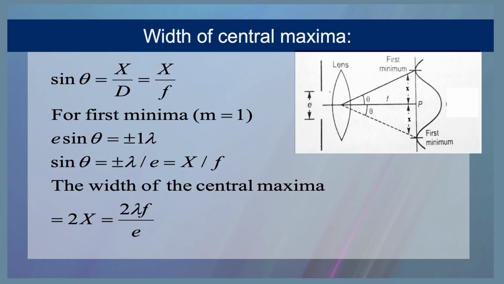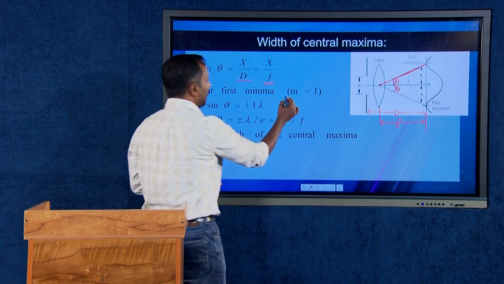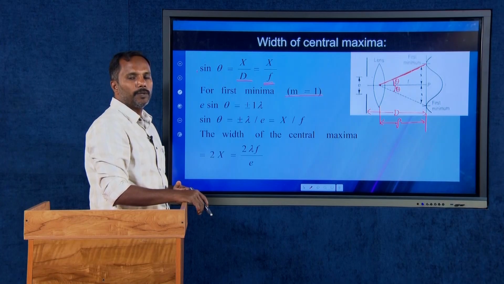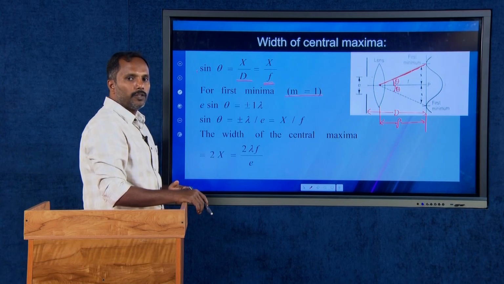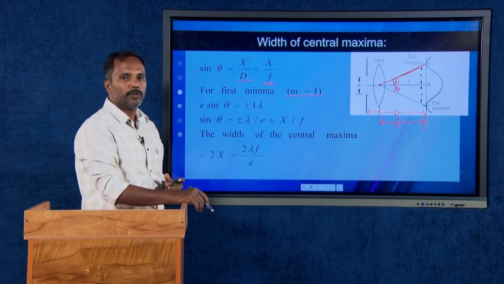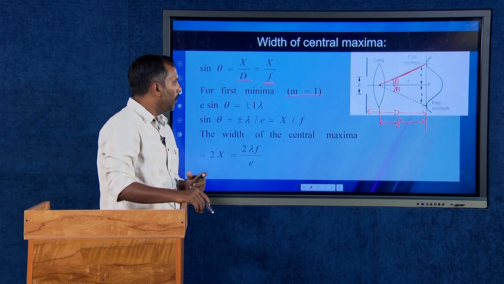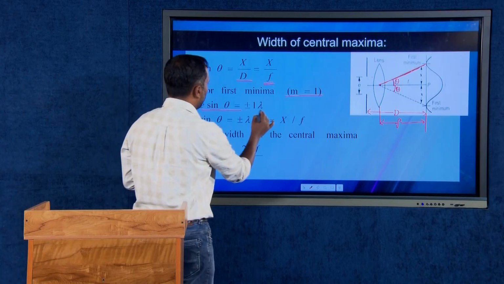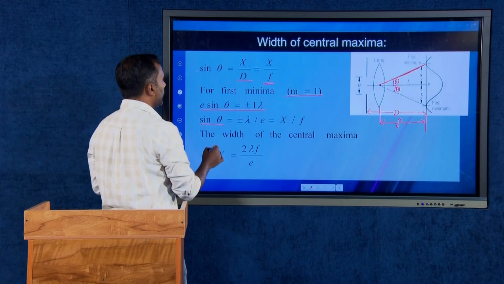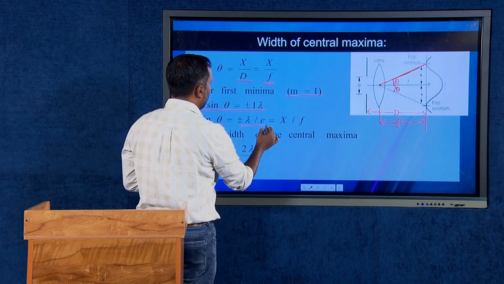So, we have the equation for sin theta from this diagram, and again for the condition for the first minima, we know that the equation is e sin theta is equal to plus or minus m lambda. So, for the first minima, the value of m will be taken as 1. So, e sin theta is equal to plus or minus 1 lambda, and simply sin theta shall be equal to plus or minus lambda by e.